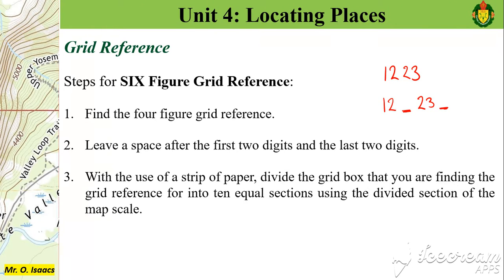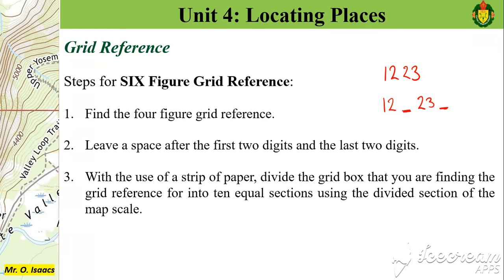in those missing spaces. Then now you're going to use a strip of paper and divide the grid box into 10 equal parts. Now if you remember from measuring distances on the map, when you look at your map scale, it already is divided into 10 equal parts at the beginning of the scale.